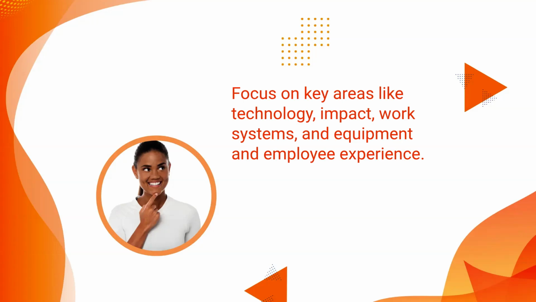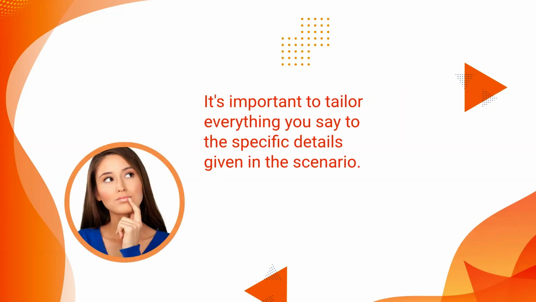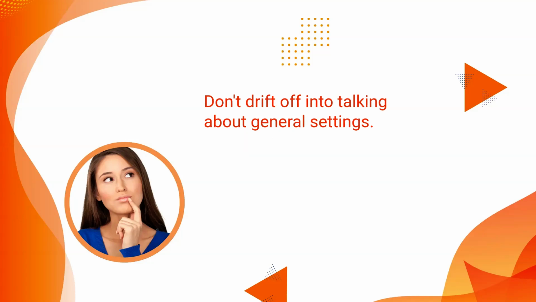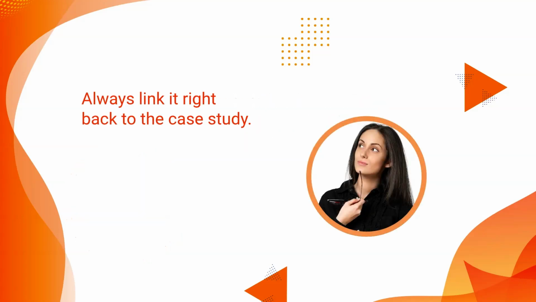So, focus on key areas like technology, impact, work systems and equipment, and employee experience. It's important to tailor everything you say to the specific details given in the scenario. Don't drift off into talking about general settings. Always link it right back to the case study.